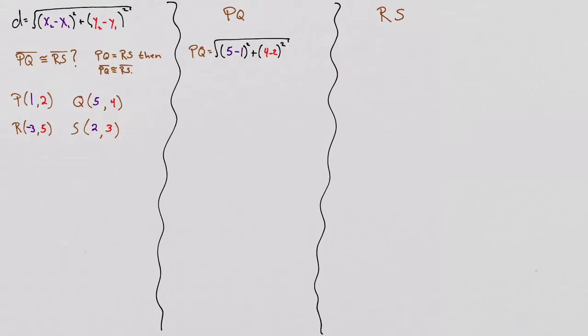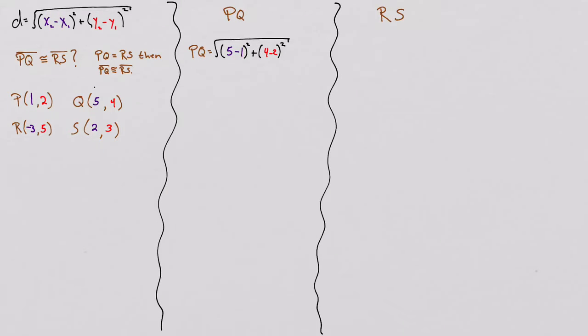All right. My x values for P and Q are 5 and 1, so I plug them into my formula, 5 minus 1. And of course, I'm leaving the square there because that's in black. My Y values, which are in red, are 4 and 2, so 4 minus 2. The order does matter. If you pick one of the points, P or Q, as point 1, the other one is point 2.